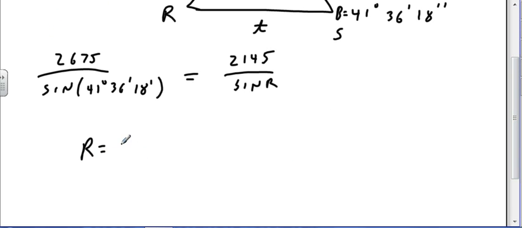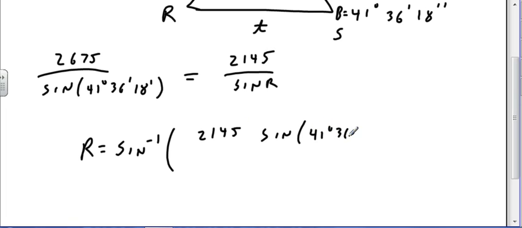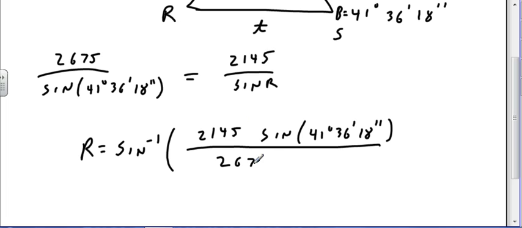R is equal to the arc sine of 2,145 sine of 41, 36, 18 divided by 2,675.